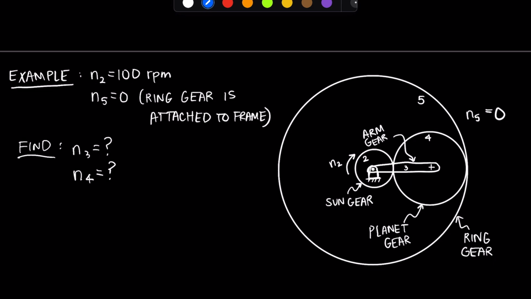If I think about the way that the sun gear and the planet gears are meshing together, the pitch line velocity has to be the same for gears 2 and 4, and so that means that gear 4 must be rotating counterclockwise. If gear 5 is then unlocked, it is going to also rotate in the same direction as gear 4.